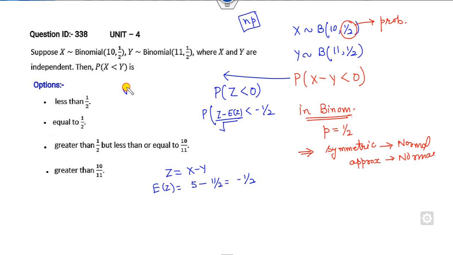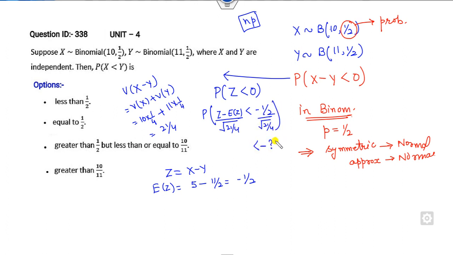So variance of X minus Y is variance of X plus variance of Y, npq, npq. So 21 by 4. So it's 21 over 4. So this number will definitely be negative of something. Fine. So this is my probability of some standard normal variate.